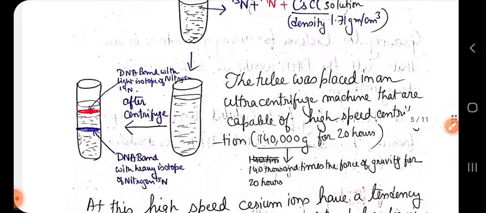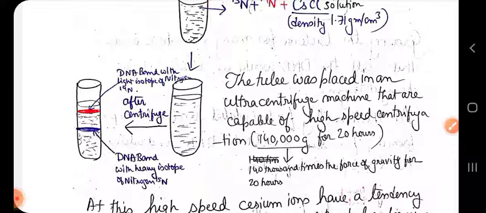This high speed centrifugation will be done at 140,000 times the force of gravity for about 20 hours. Such a huge centrifugation will be done for 20 hours.